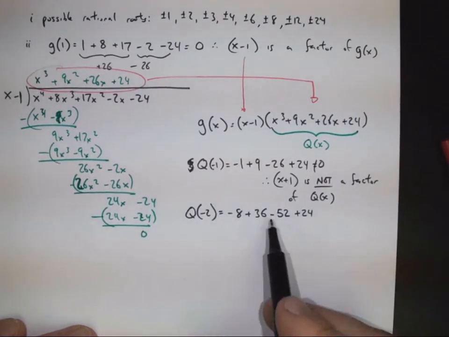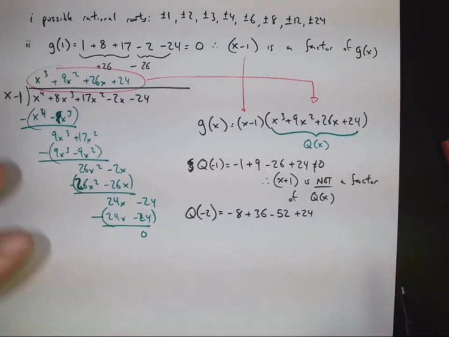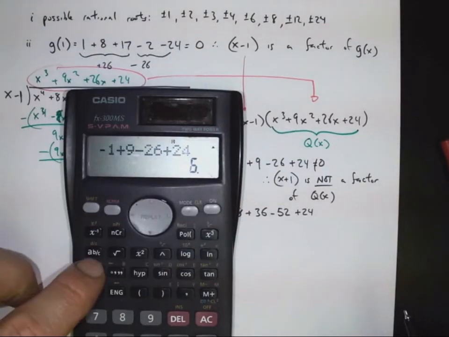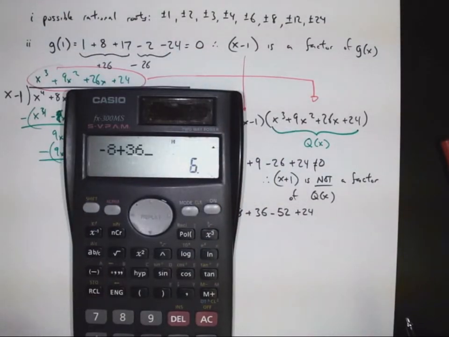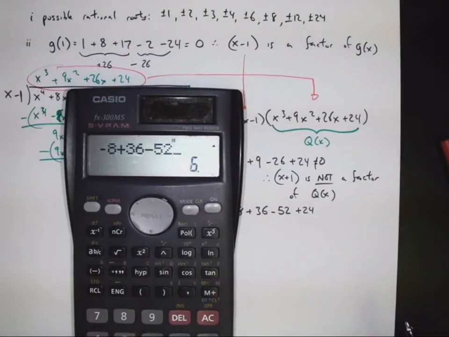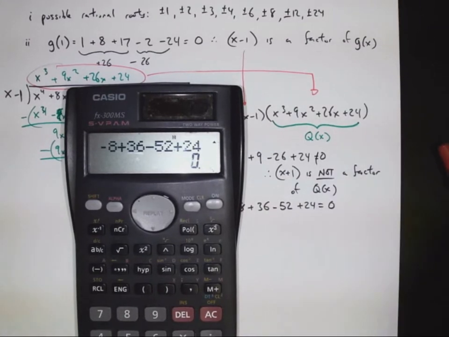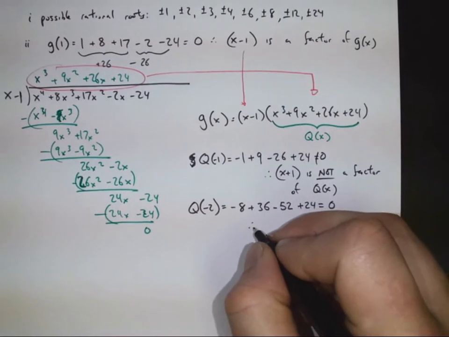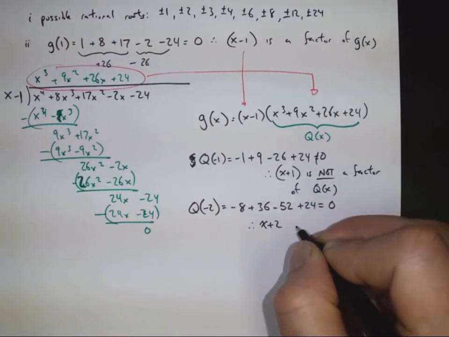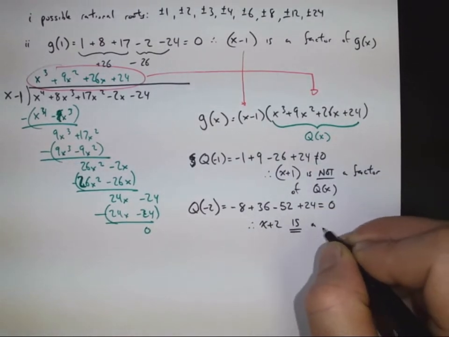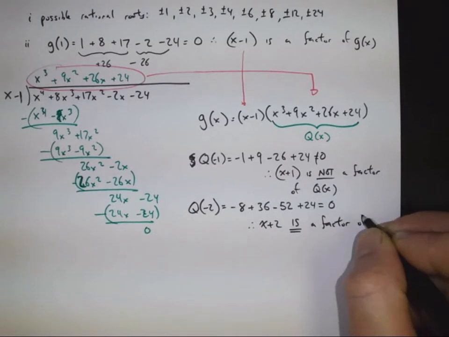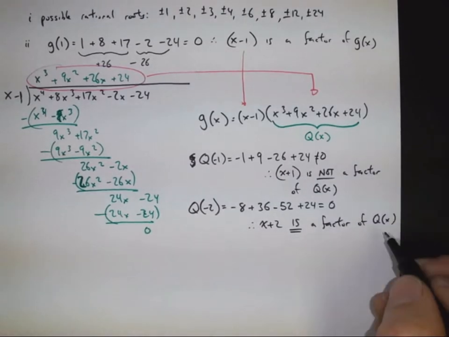All right, and again, looking like it might even out to give me 0. So I'm going to try negative 8 plus 36, take away 52 plus 24. And we get 0. Nice. So therefore, x plus 2 is a factor of q of x.